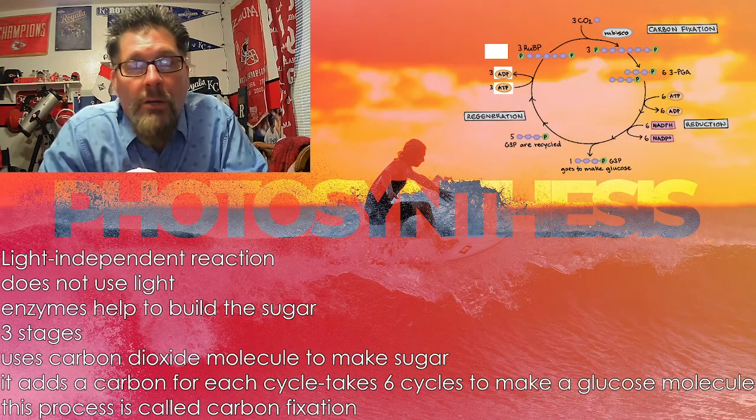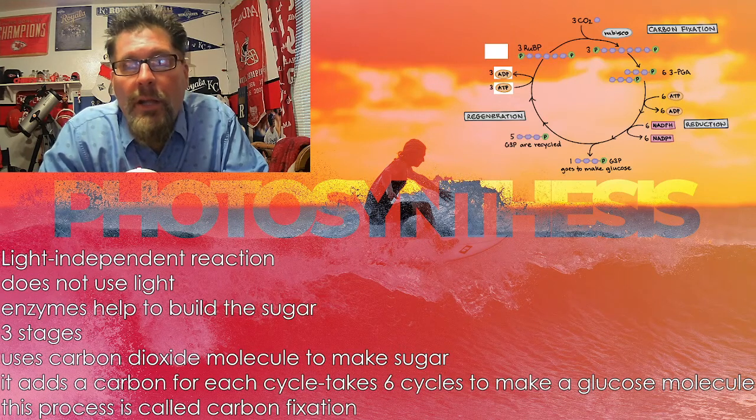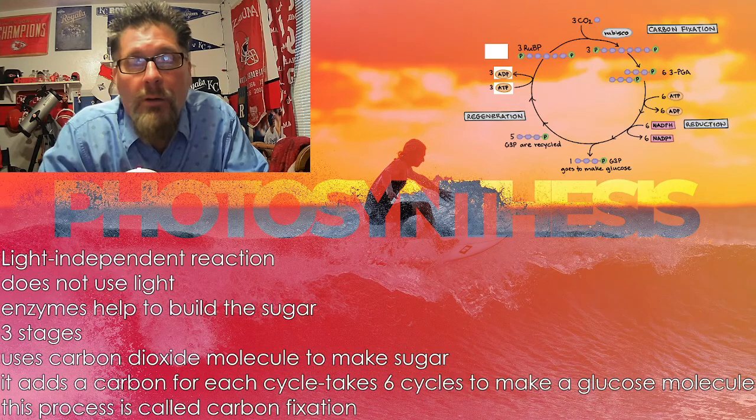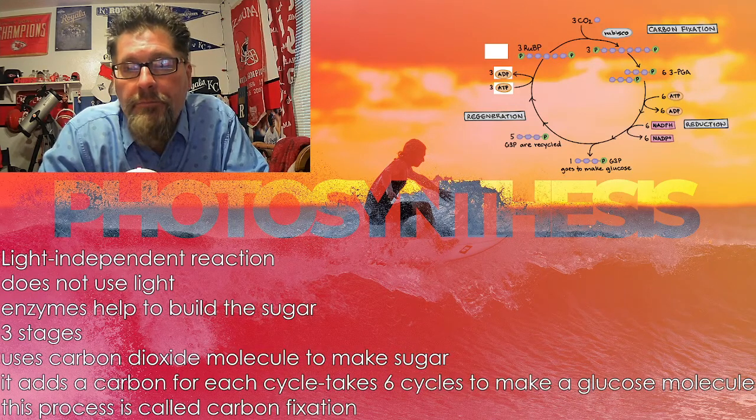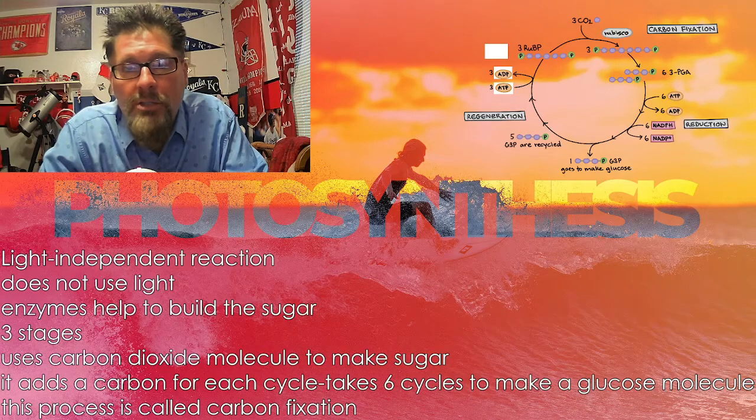Now, the Krebs cycle was just once around, and it got its job done and got ready for the next one. But the Calvin cycle is different in that it takes lots of spins around the cycle to get this built. Each time it goes around the circle, it adds a carbon element to the glucose molecule. So if it needs 6 C's to build it, we're talking 6 times around the cycle.